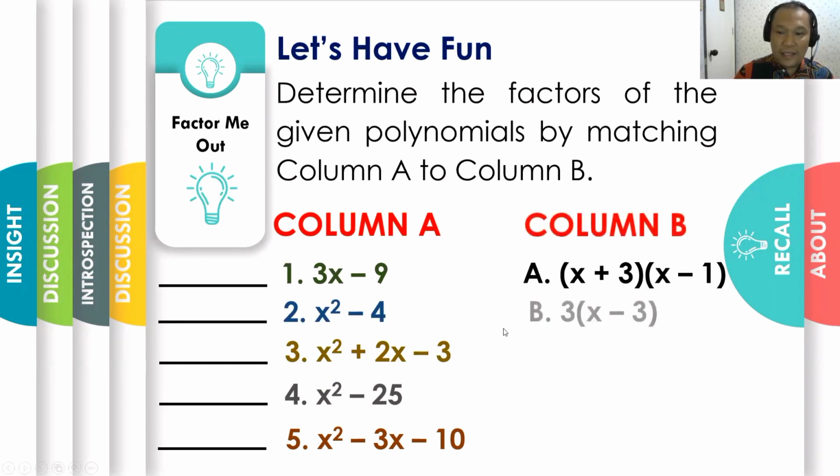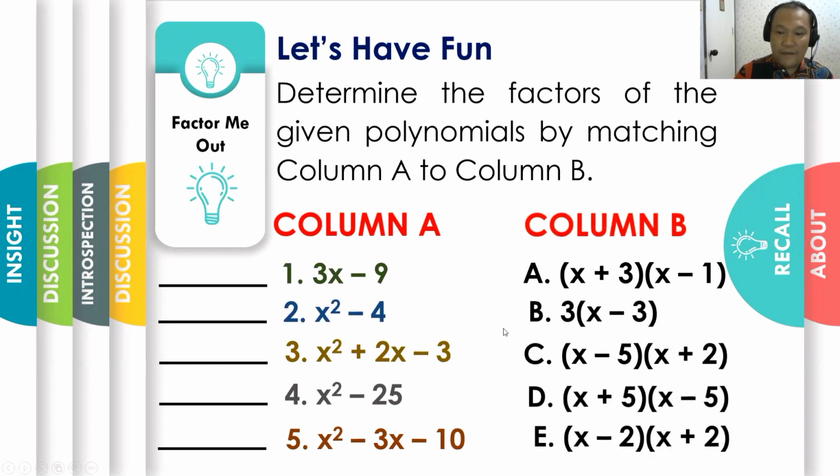On the other hand, these are the following factors. And we are going to match our column A, which is the polynomials, to column B, which are the factors of the given polynomials.